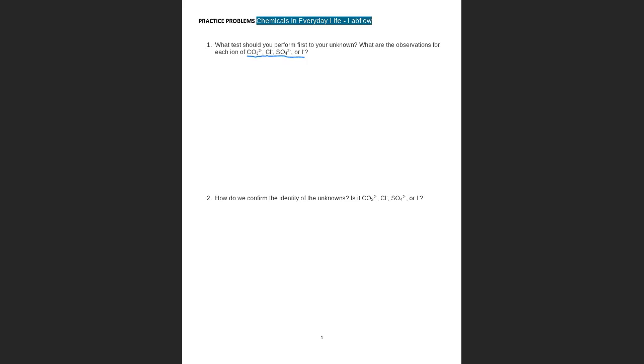But it says what test. If you are in doubt, let's share again the other page of the experiment, just to give you an idea of how you are going to do this.